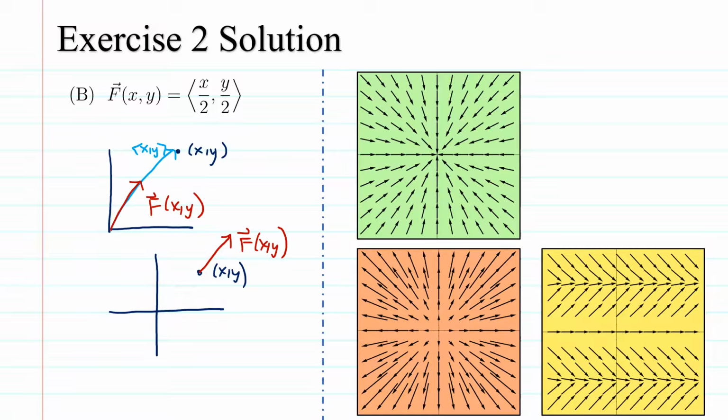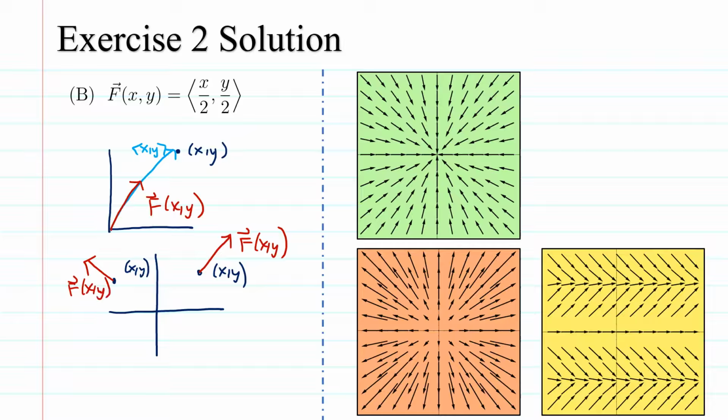Okay. So that, when observing lang, makikita natin na yung f of xy, lagi siyang naka-point away from the origin. Diba? So kahit nandito yung xy, yung lalabas na f of xy will always point away from the origin.